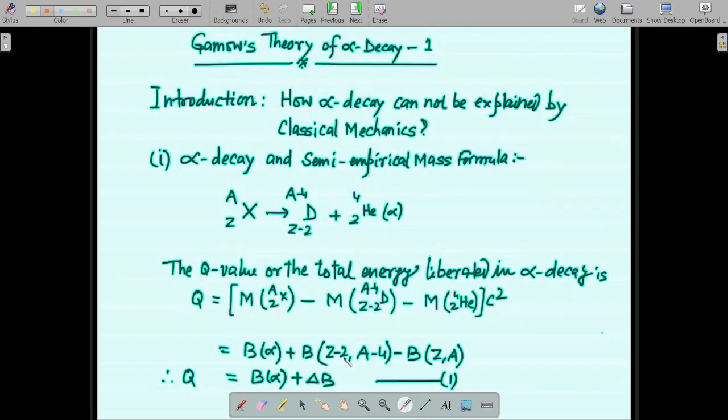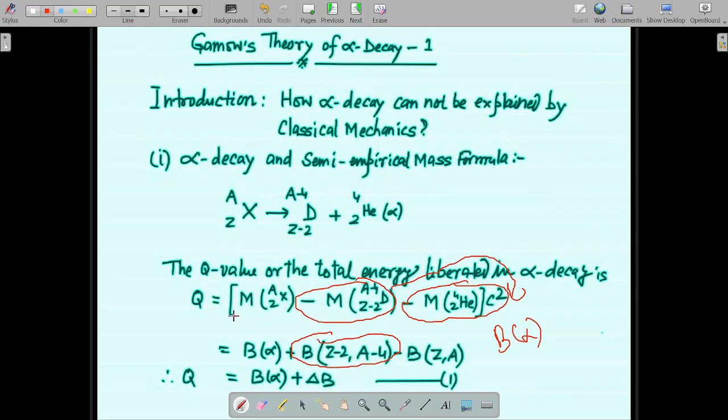Along with the negative sign, if you consider this entity along with c square, then this particular entity is equal to the binding energy of the alpha particle. Similarly, along with the negative sign, if you consider this entity along with c square in multiplication, then you will realize that it is the binding energy of the daughter nucleus.